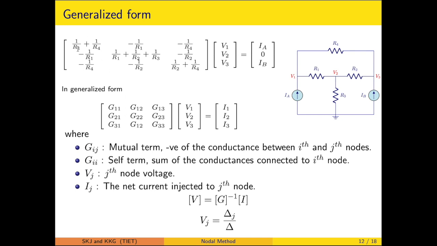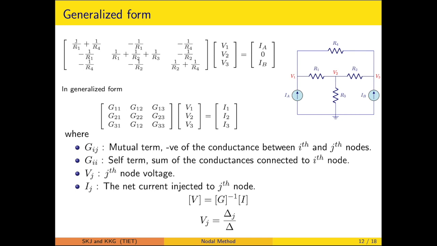The reciprocal of the resistance is the conductance, so the G nomenclature is used as matrix terminology, which is a double subscript nomenclature to give you the row and column. So the components are marked G11, G12, G13 likewise. If you make a comparison, please have a careful look.